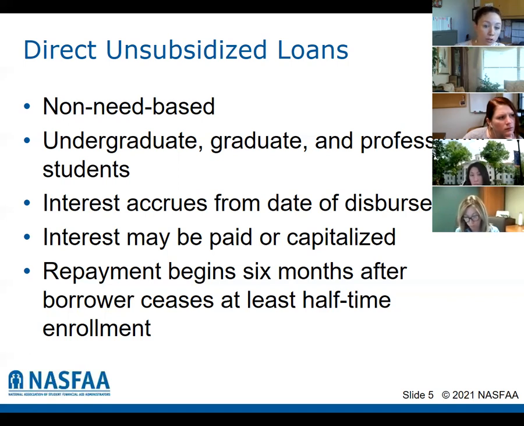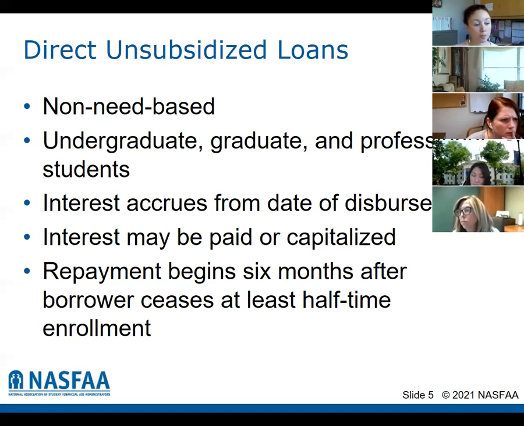Unsubsidized loans go to undergraduates, graduates, and professional students. And interest starts accruing on unsubsidized loans as soon as they disburse. It does only accrue on the disbursed amount of the loan though.